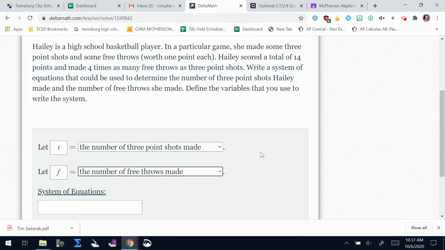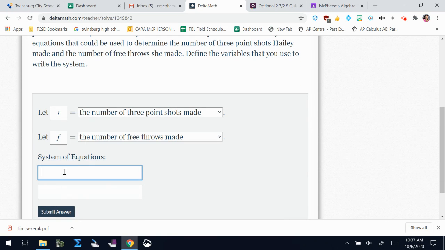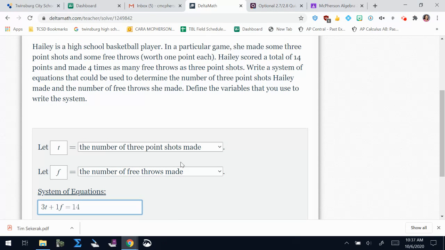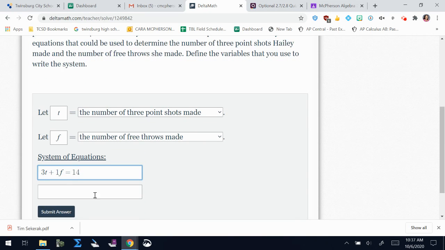So here's what I know. I know she made a total of 14 points. So if she made a total of 14 points, you get 3 points for every 3-pointer, plus you get 1 point for every free throw, and we know it totaled 14. The other piece of information might be a little tougher. We know that she made 4 times as many free throws as 3-point shots.